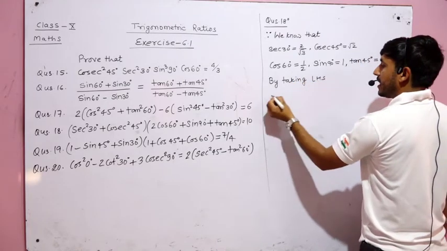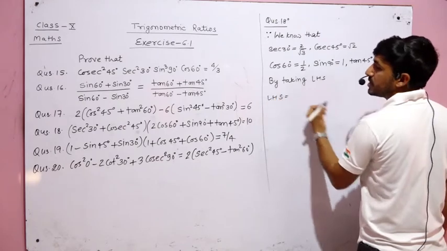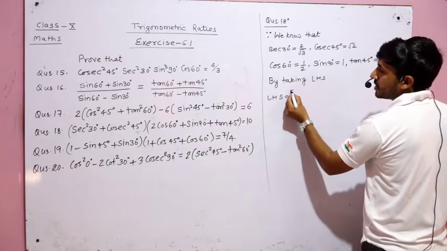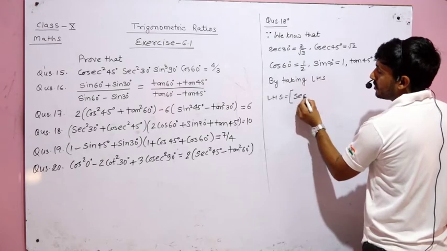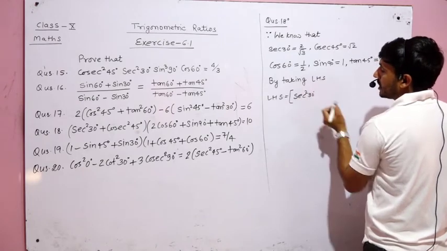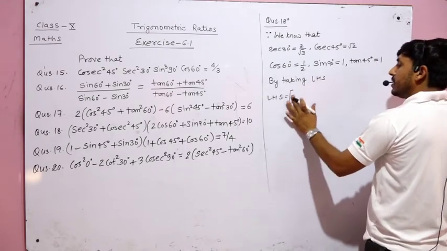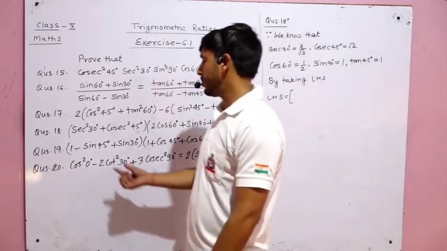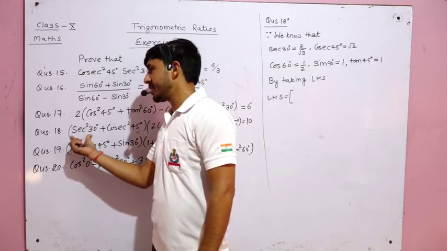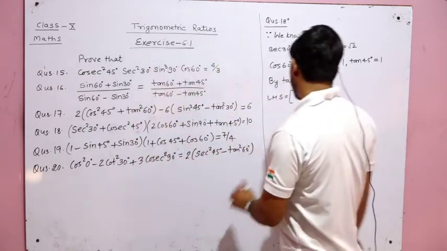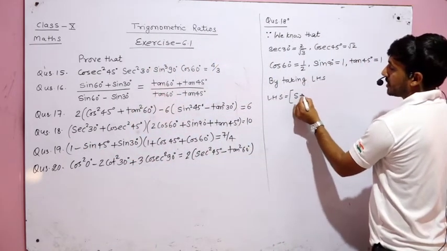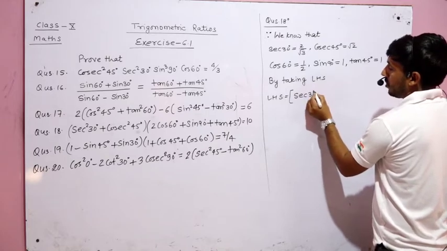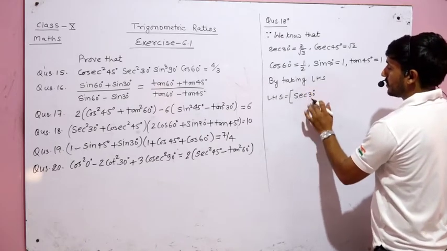LHS, and LHS is equal to given as, okay, you can see here we have sec square 30 degree. Okay, we are solving this. Okay, then first you have to see here sec square 30, that can be written in terms of square of sec 30 degree.